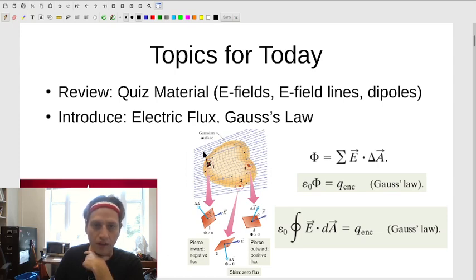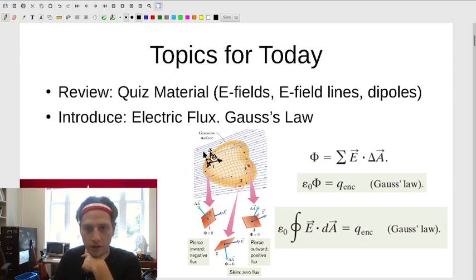So here, the area of that little square is represented by an arrow proportional to the area of the surface, and then the flux would be the dot product with the electric field piercing that surface. If the electric field's in this direction, I have some angle.